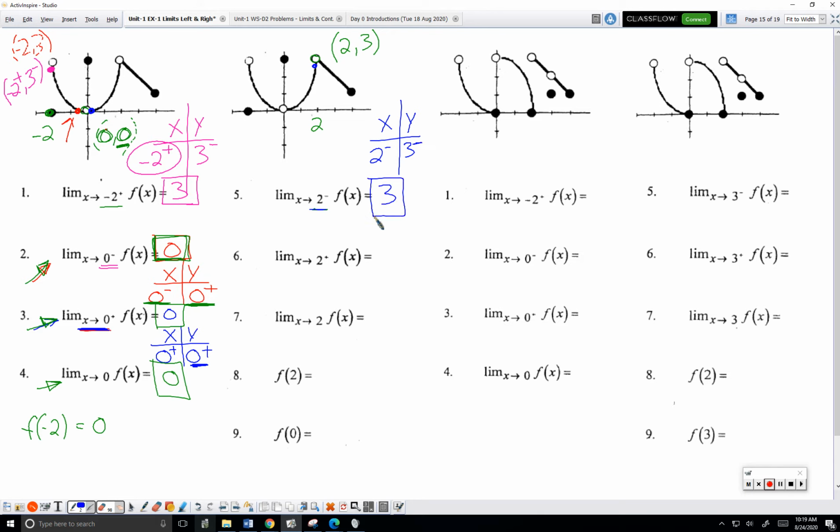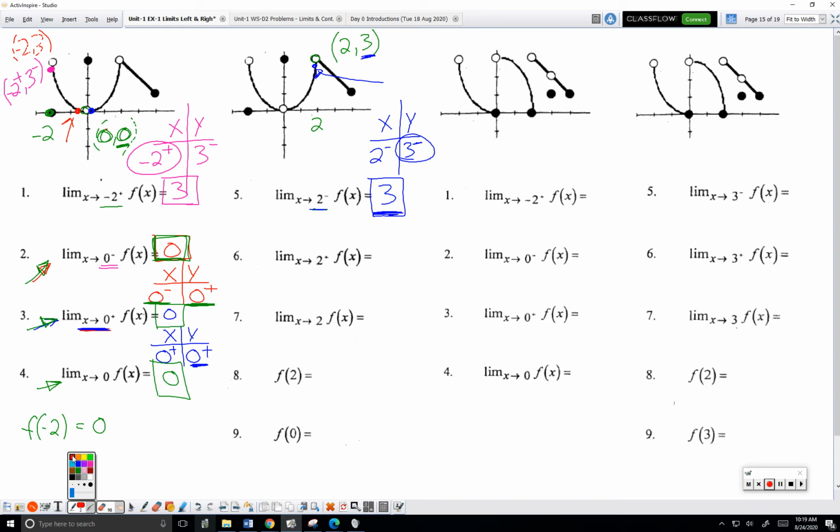So again, I get this answer not by looking at the open circle. I'm not looking there. I get this answer by looking at this blue dot right there. That blue dot's y-coordinate is infinitesimally close to becoming 3. Therefore, the value of the limit is exactly 3.